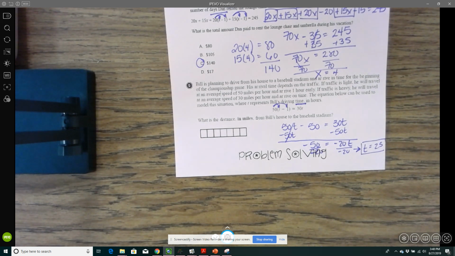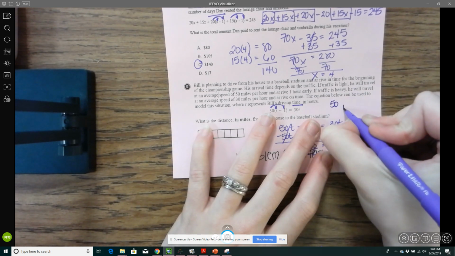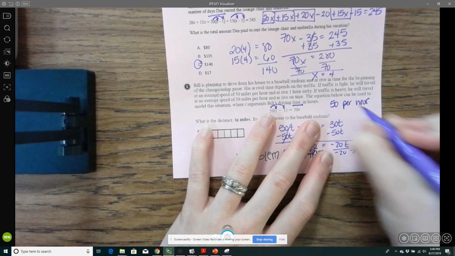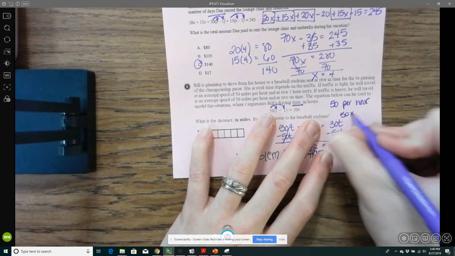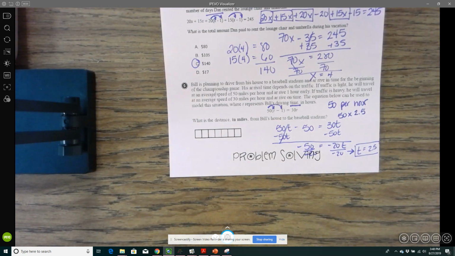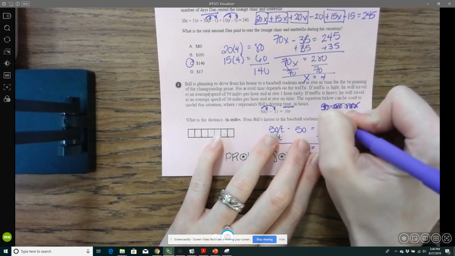So to figure out how far I drove, if I drive 50 miles per hour, I can just do 50 times 2.5. Actually, let's do it with the 30. The 30 will be easier to use.